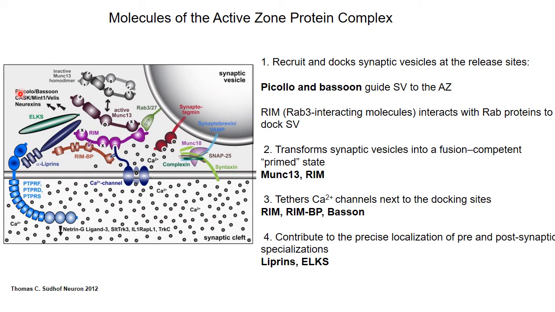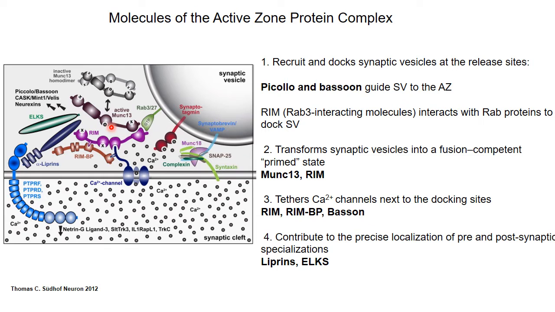In addition, Bassoon, for example, is also known to tether these calcium channels through the interaction with the RIM binding proteins. We also have a very important protein called MUNC13, which transforms synaptic vesicles into a fusion competent, primed state. So they are very important in vesicle priming, which we'll soon see.